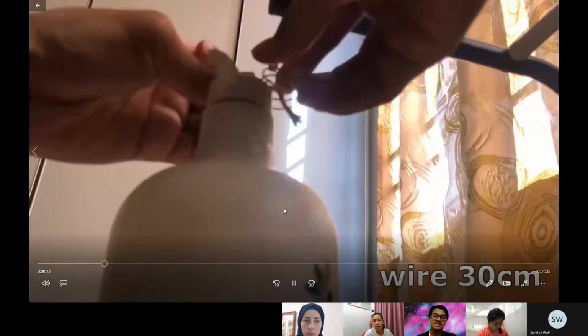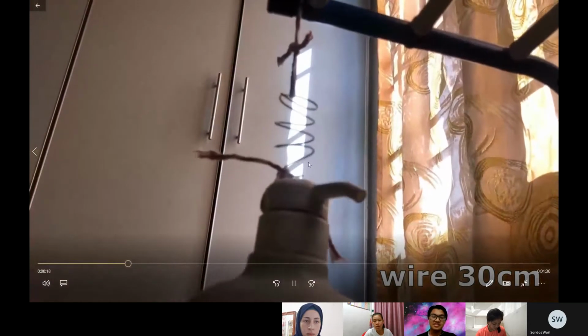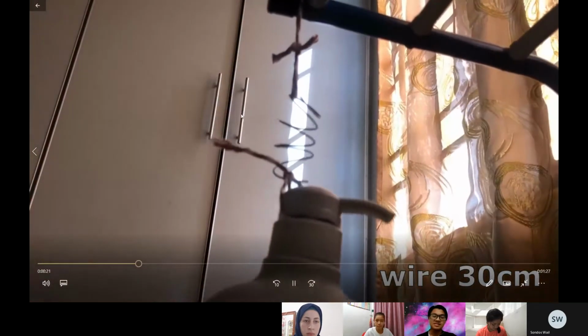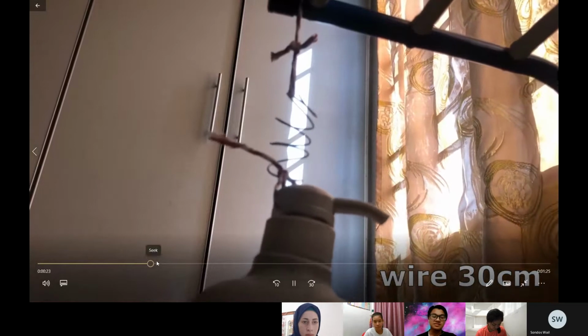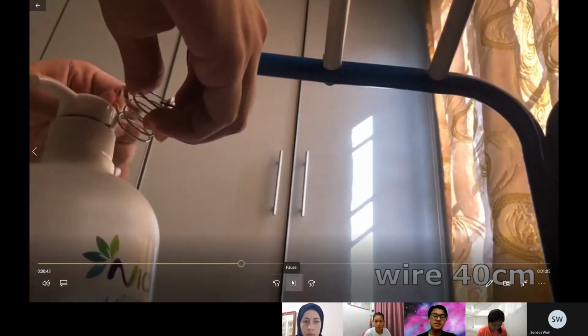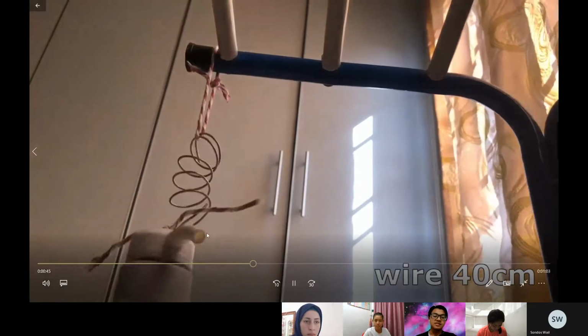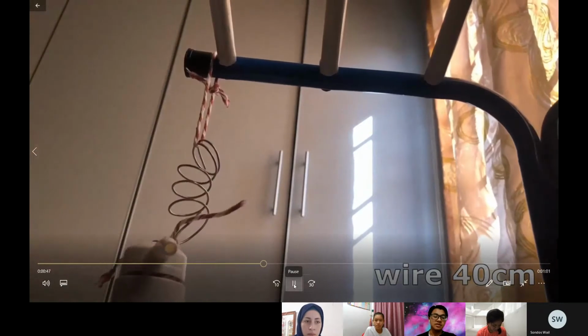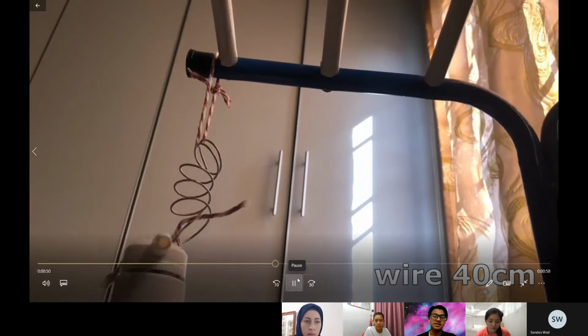I use the hand sanitizer. So here's the top. For the second wire, I use M. This is the second wire, second spring.